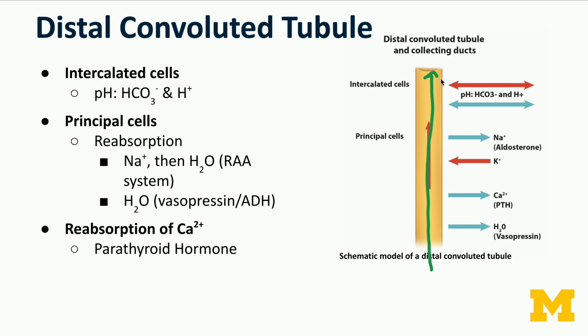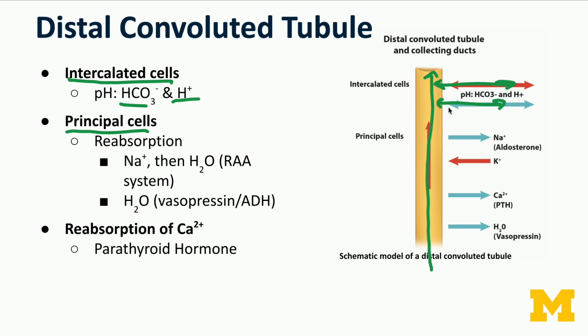So there are two main types of cells that are important in the distal convoluted tubule: intercalated cells and principal cells. Intercalated cells are going to be important for the maintenance of pH homeostasis. So they're capable of either secreting protons or conserving bicarbonate ions, so moving them between the blood and the filtrate depending on what conditions require.